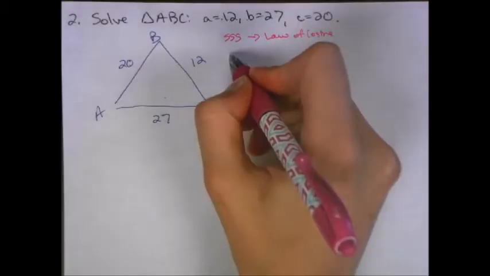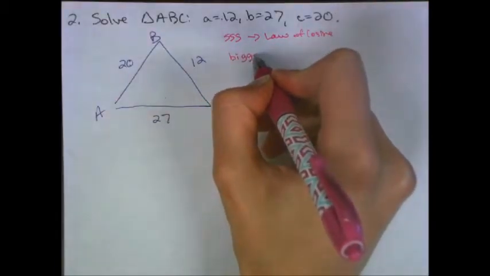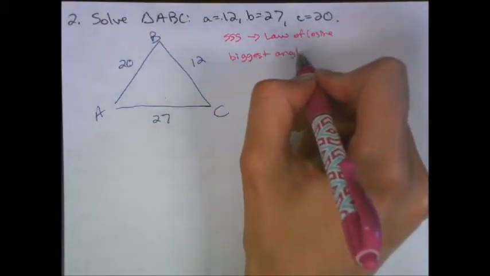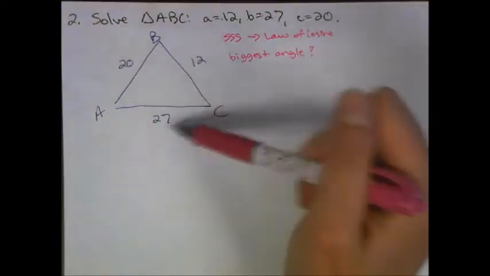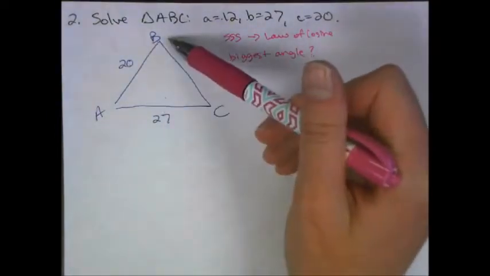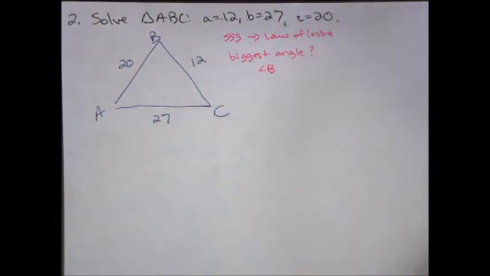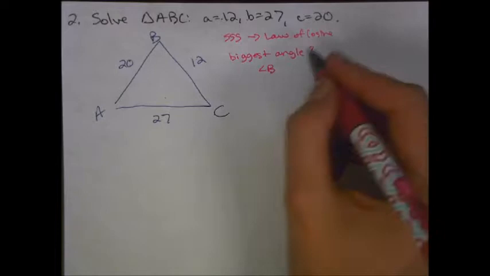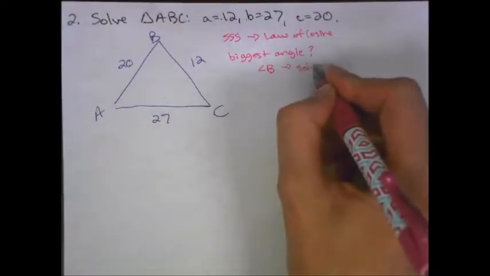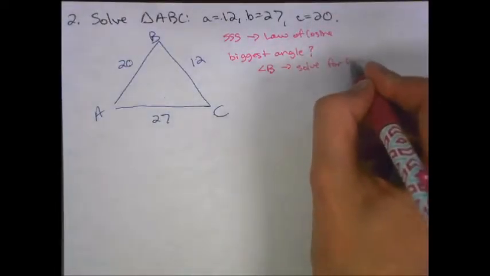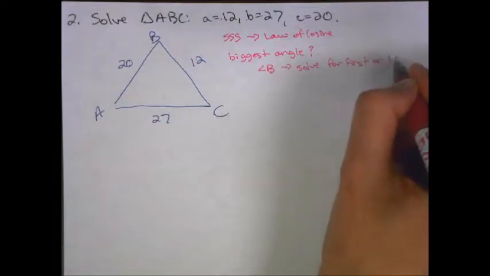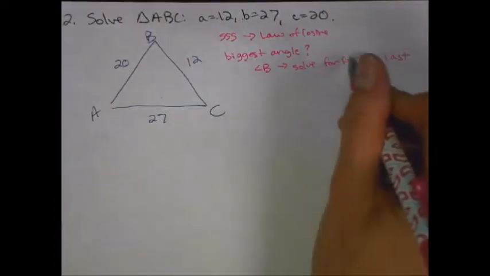Let's think about our note. What's our biggest angle? Since I have all my sides, B is across from the biggest side, so it's the biggest angle. So it's angle B. So we need to solve for it first or last. And I'm going to choose first.